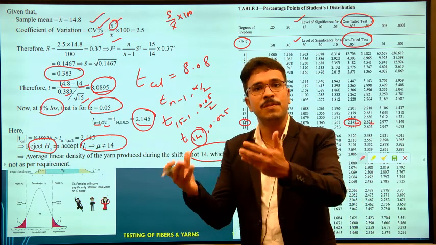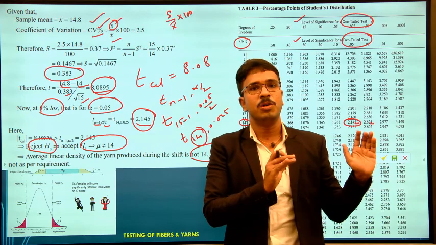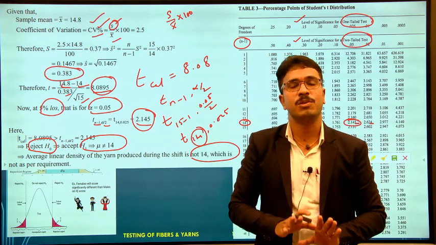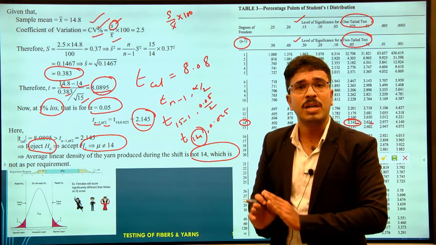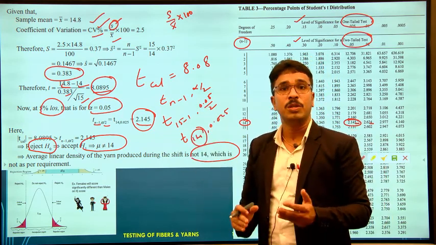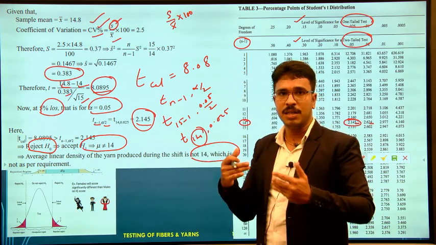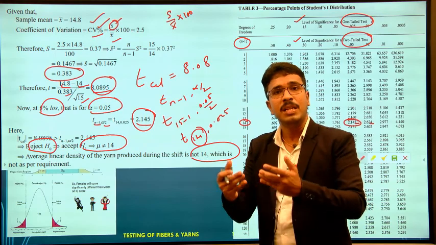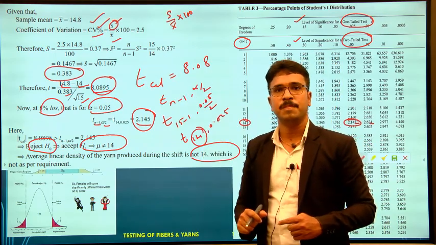You wished to produce 14 tex, but unfortunately, due to wrong selection of process parameters or some error in the processing, you have produced some other quality. So this is how we assess the evidence provided by the sample data which we selected from the population.